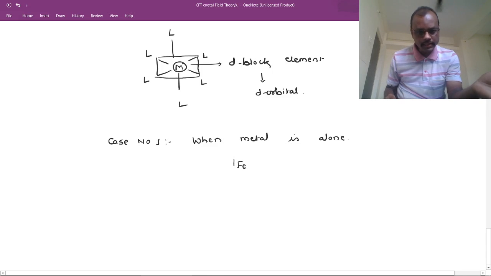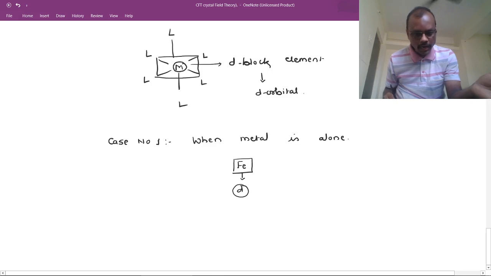When the metal is alone, suppose I consider any d block element, say Fe. In the absence of any ligand, what exactly happens to the electrons present in the d orbitals?